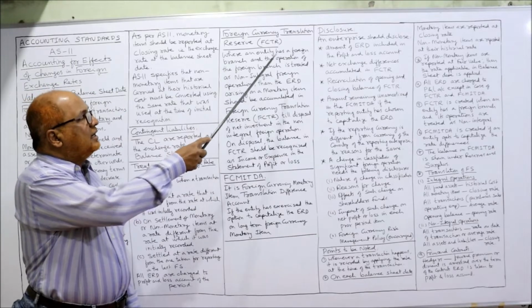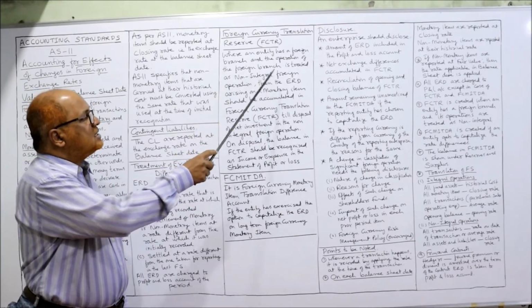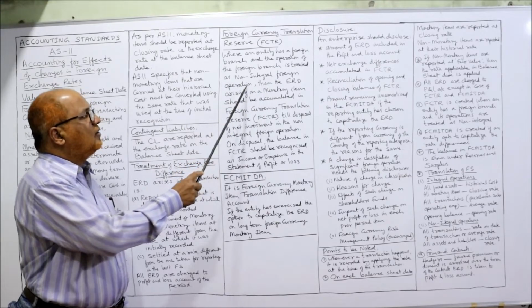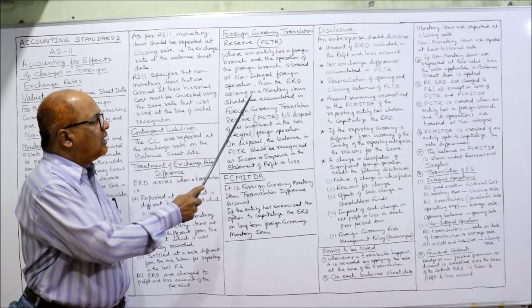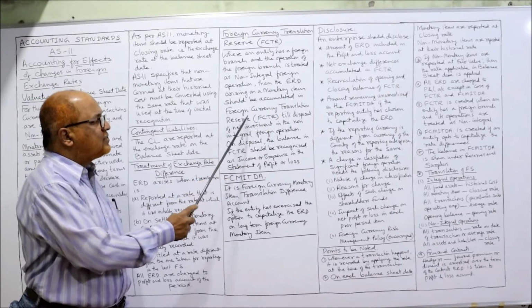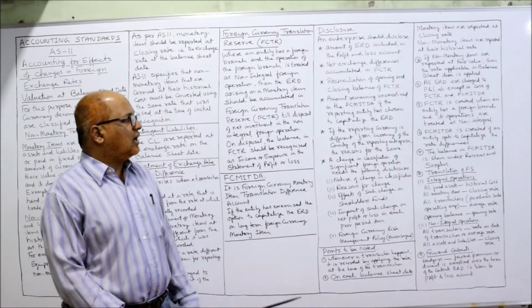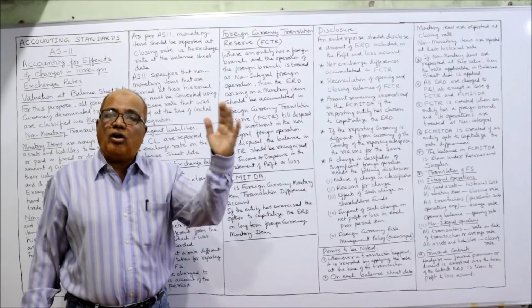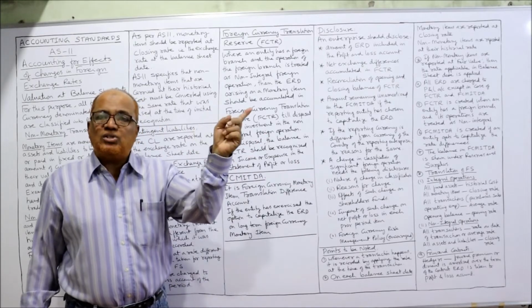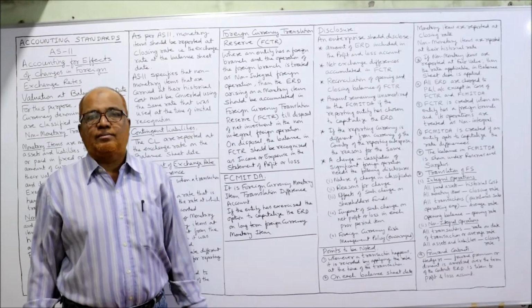When an entity has a foreign branch and the operations of the foreign branch are treated as non-integral foreign operations, then ERD arising on a monetary item should be accumulated in FCTR till disposal of net investment in non-integral foreign operation.